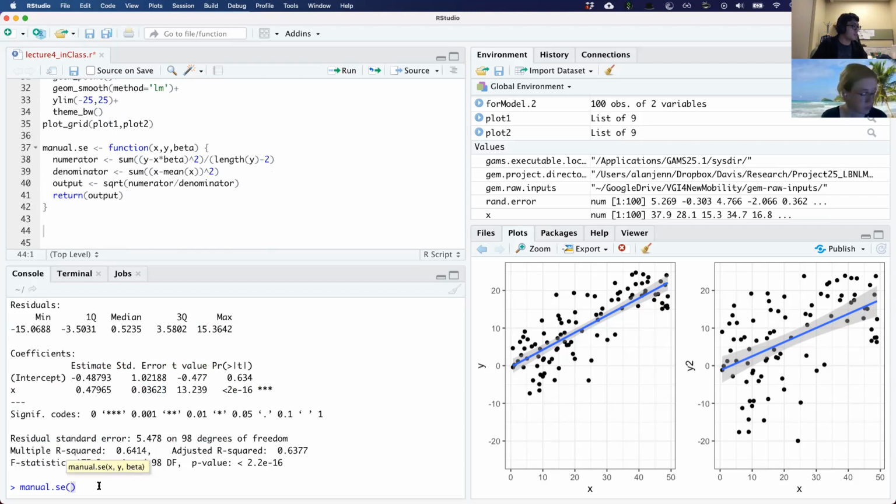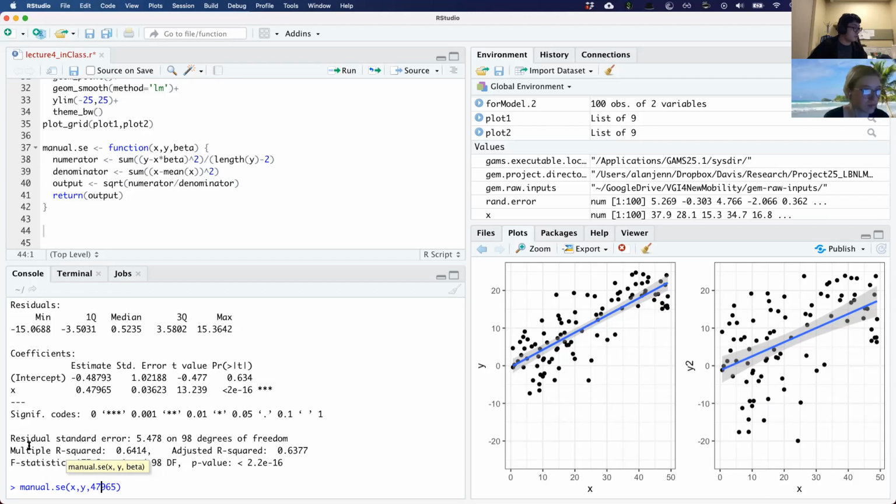hopefully this works, x, y, and we know in this case the estimate is 47965.